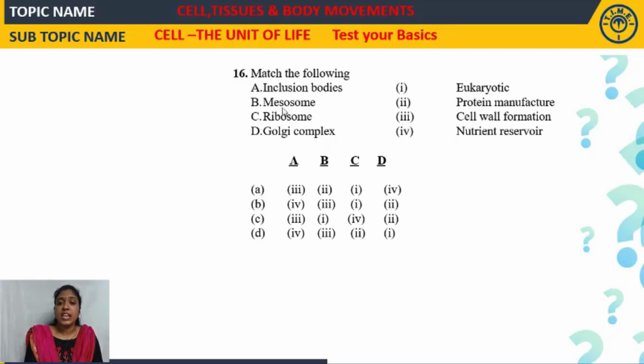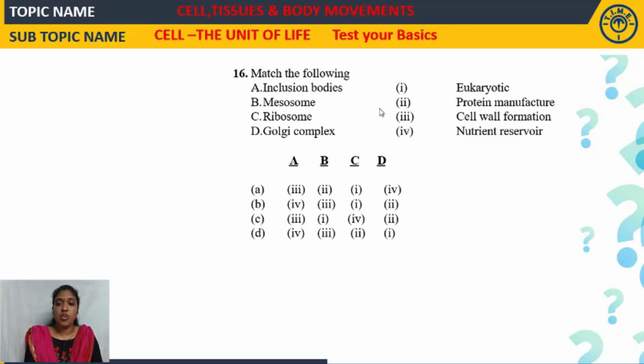Then ribosome. They are meant for protein manufacture, for protein synthesis. So C matches with 2. What about Golgi complex? The remaining one is eukaryotic. Why is it eukaryotic? Because the Golgi complex is a membrane-bound cell organelle seen only in eukaryotic cells. So D will match with 1.